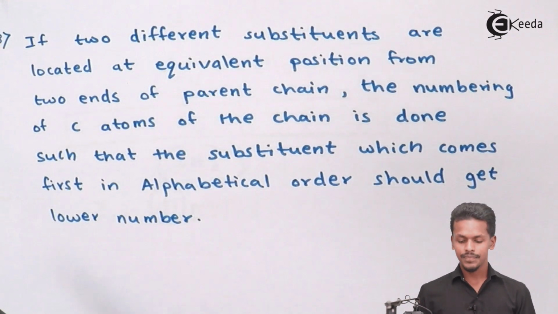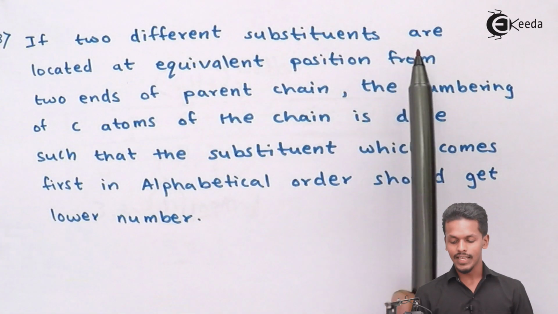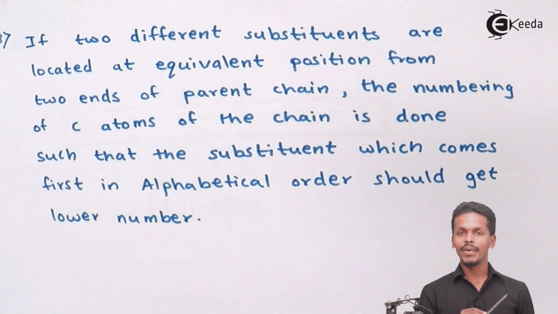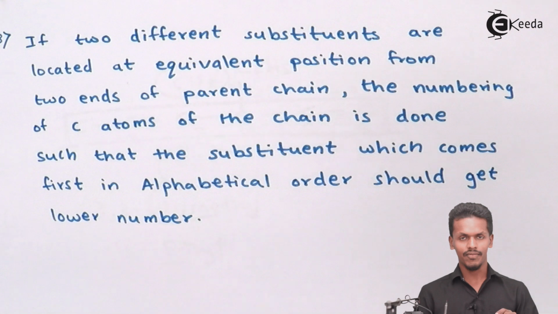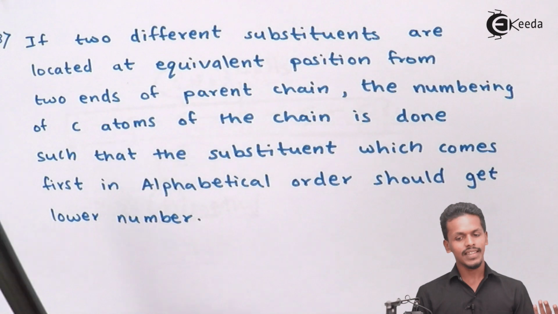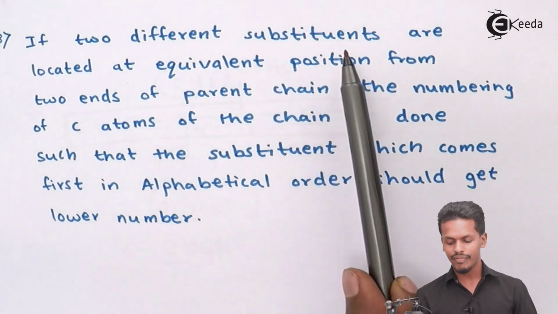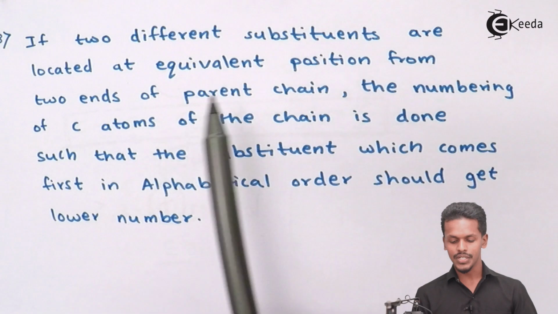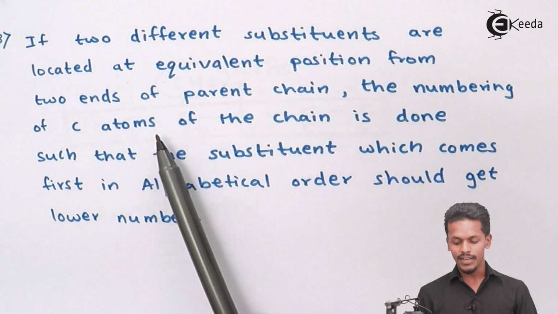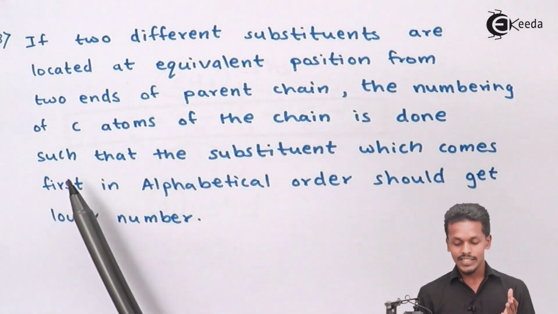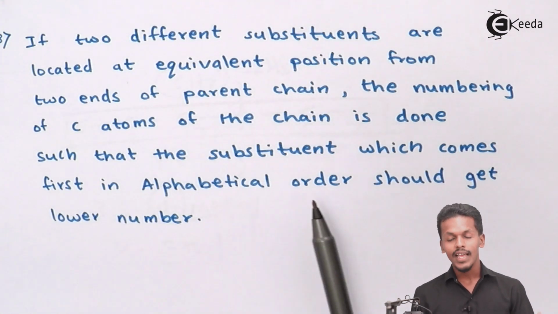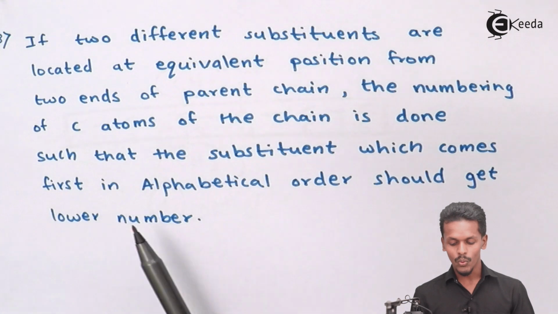And here it is: if two different substituents are located at equivalent positions from two ends, that is from left to right, or right to left, when the chain is arranged in a straight chain, then the numbering of the carbon atoms of the chain is done such that the substituent which comes first in alphabetical order gets the lowest number.